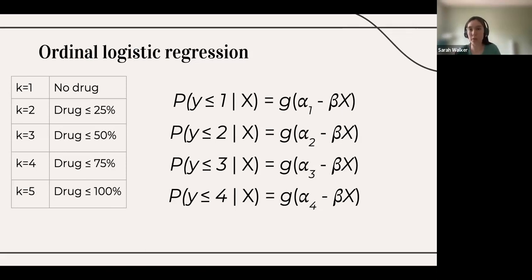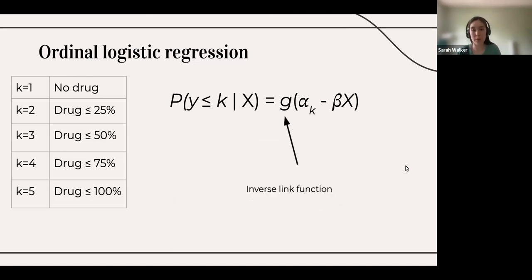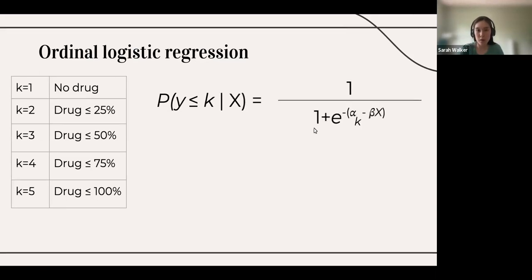And we don't include the Kth one because that probability will always be 1. And this is equal to some inverse link function. In our case, we're using the logit function, which looks something like this. So we have our alpha, which is our intercept with respect to our category K. So each of our K minus 1 equations will have a different intercept. But the beta slope vector will be the same across all of our equations.